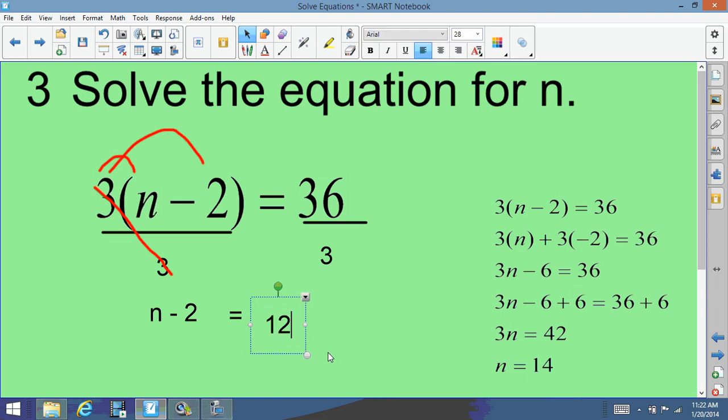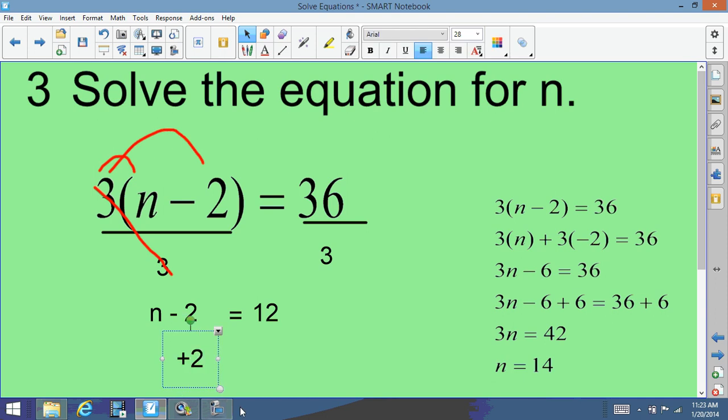Now, I want you to look at this equation and compare all that work we had to do over here to the equation now. We had 36 minus 3n minus 6 equals 36. Compared to what number minus 2 equals 12, we can get our same answer a lot quicker.